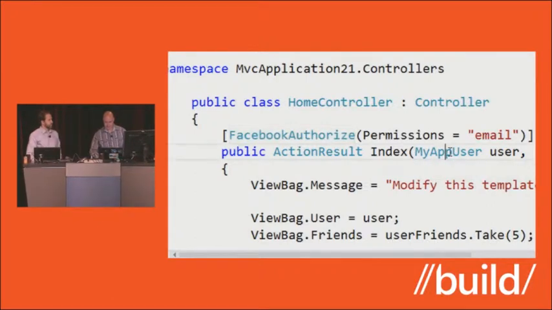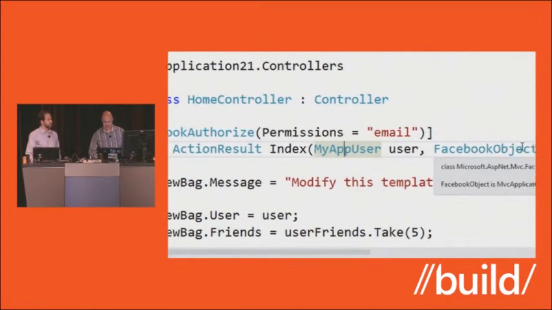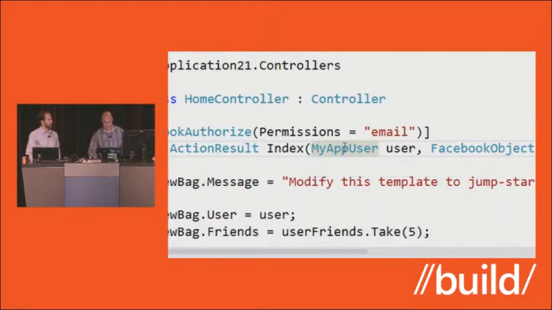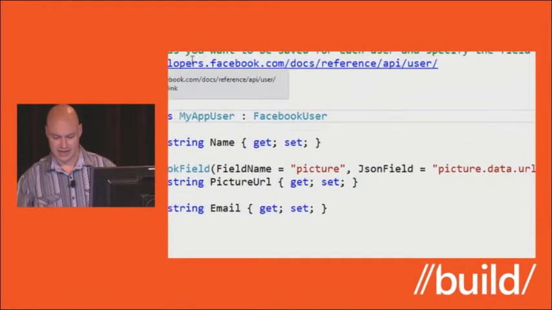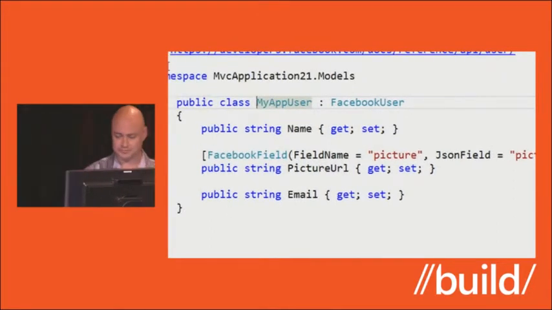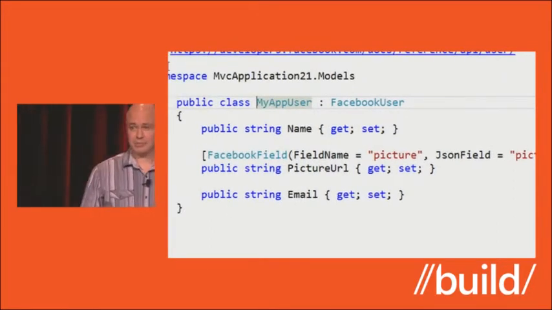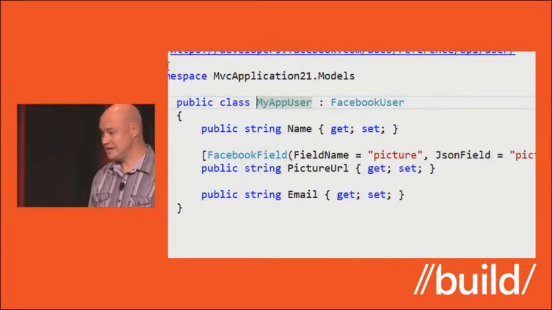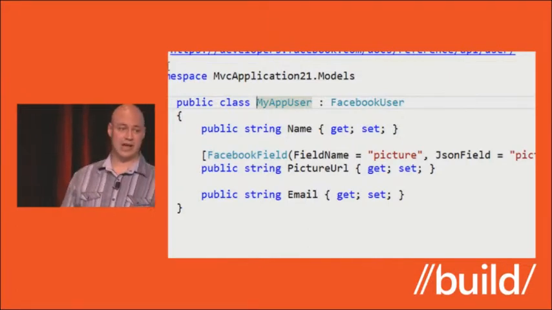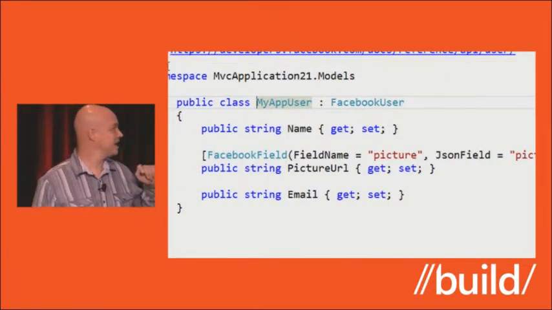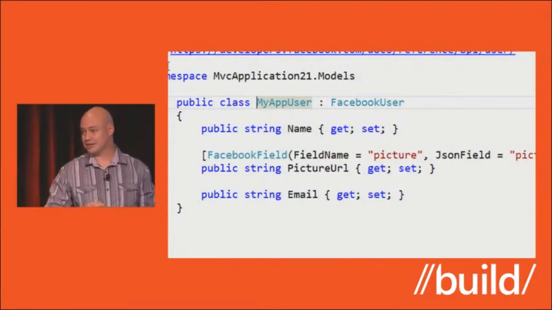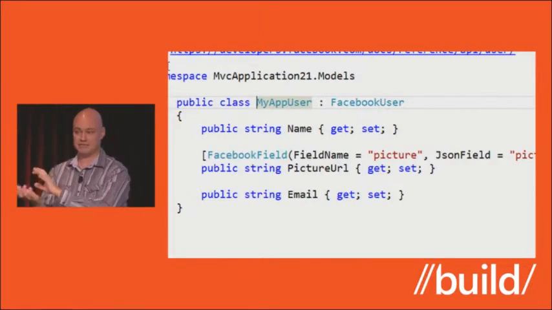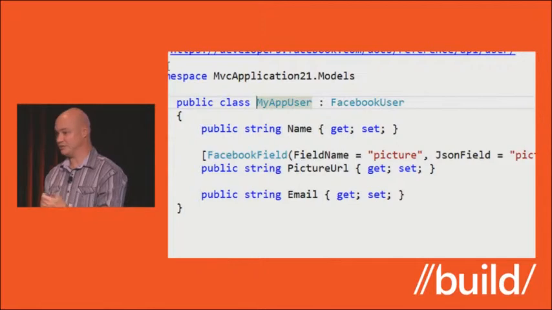Item number two is it's binding to this MyAppUser. It's not your app user. This actually is a Facebook user object. I talked to Eric Porter on the MVC team about this, and he said the thing to make sure people get from this is that you could just bind directly to Facebook user. It's a dynamic object, and it takes all the stuff that Facebook gives it, and you can dot into it at debug time and see what's there.